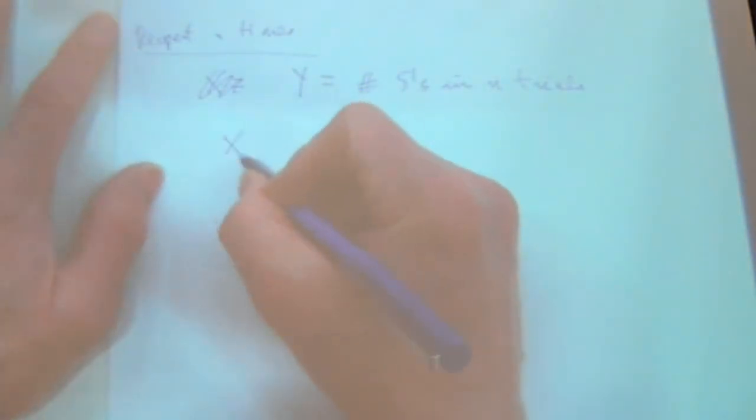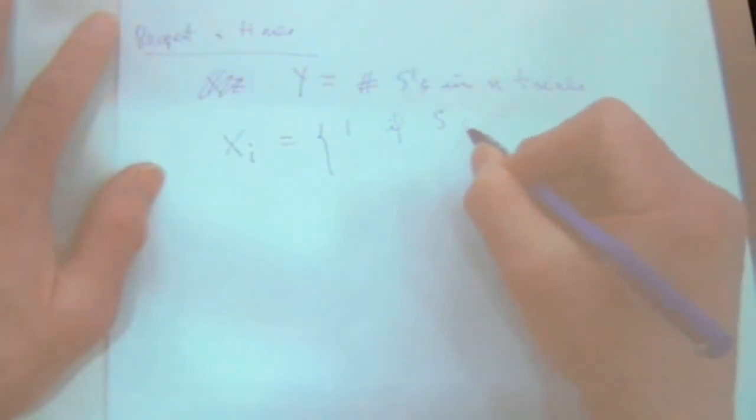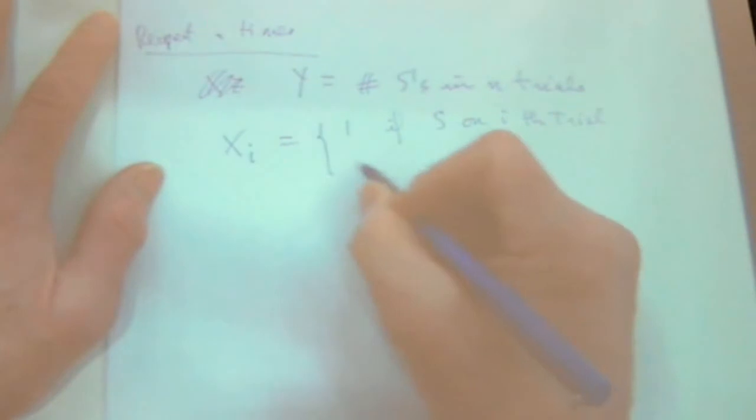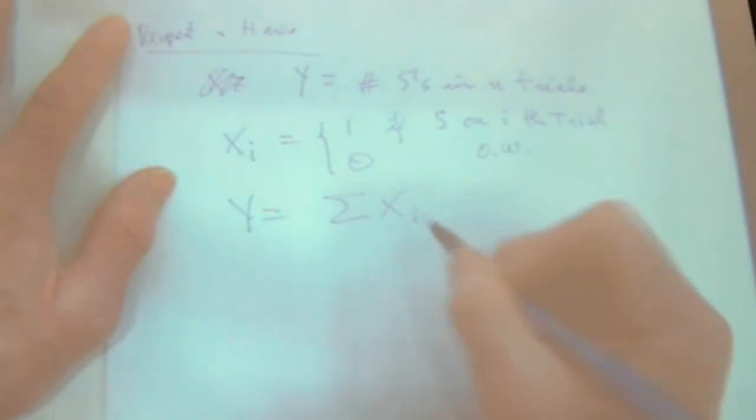But notice your trials are this, right? X of i is 1 if success on the ith trial, 0 otherwise. Right? So this y is just, you just add up the x's.